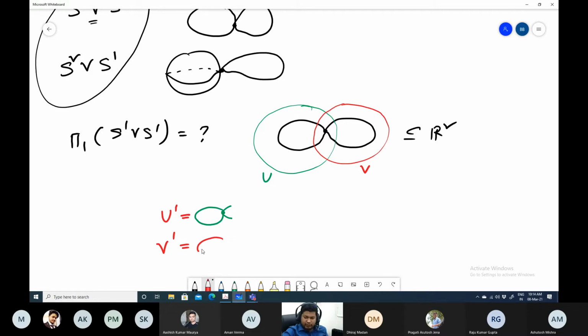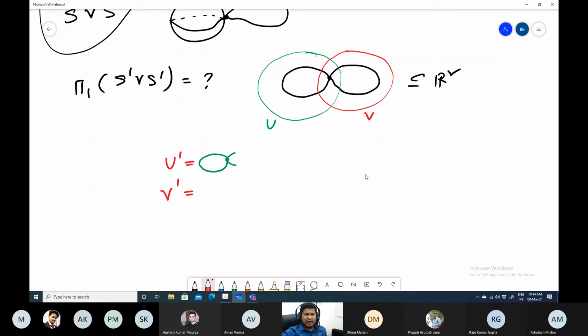There are things in topology, more so in algebraic topology, where it is sometimes difficult to write in terms of formulas. So it is fine; the main idea is whether you understand or not. You can explain it in terms of a picture. So your open set is this one, and your V dash is this one.